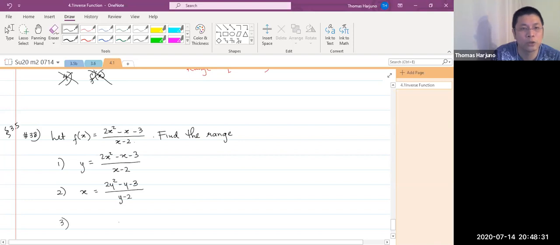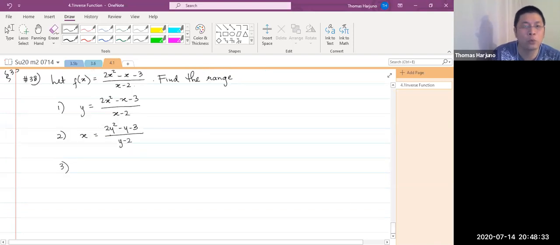Step 3, we solve for y. Now that's where we get stuck a little bit later on. We need to solve for y, right?